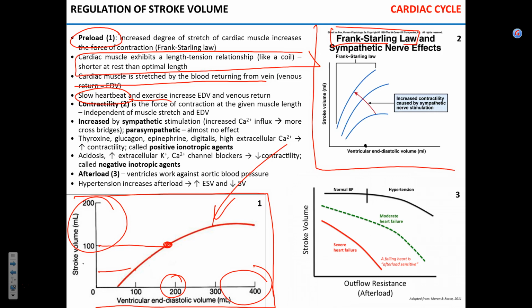So let's take this EDV1. You see that EDV? Now, on the first curve, that's the corresponding stroke volume.